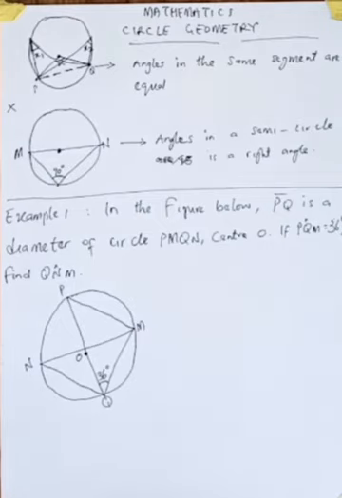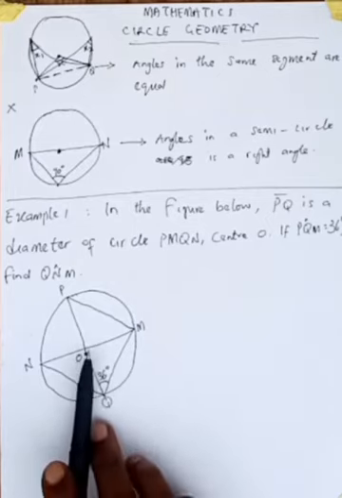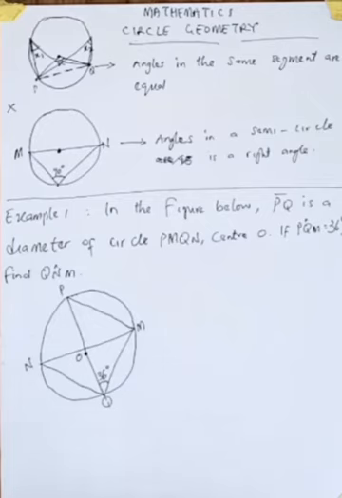Any of the two properties can come up first. Now for me to use angle in a semicircle, the first thing I'm going to locate is whether there is a diameter here. The diameter, we call it a line that passes through the center of the circle.